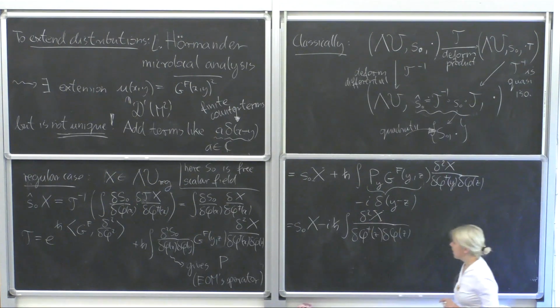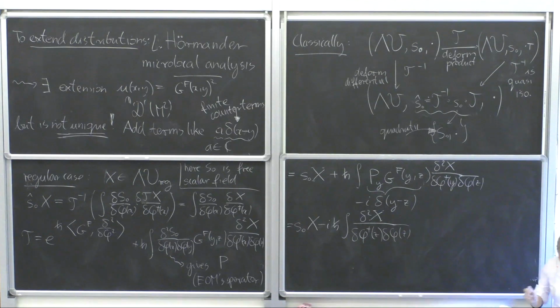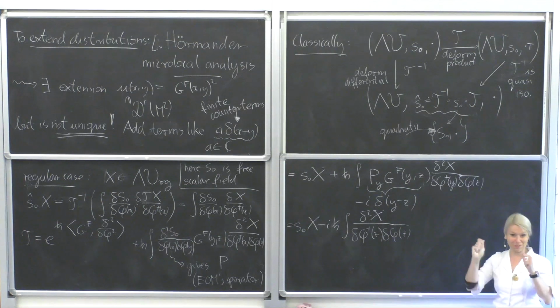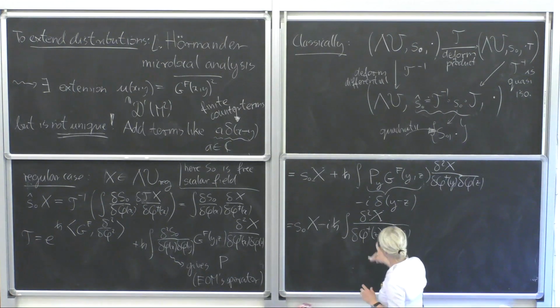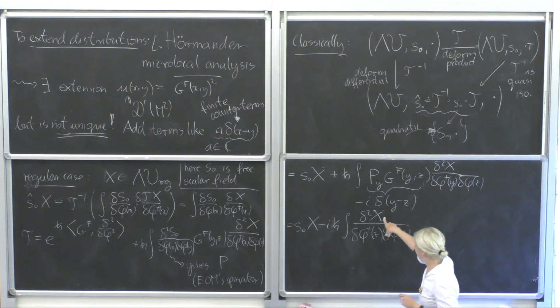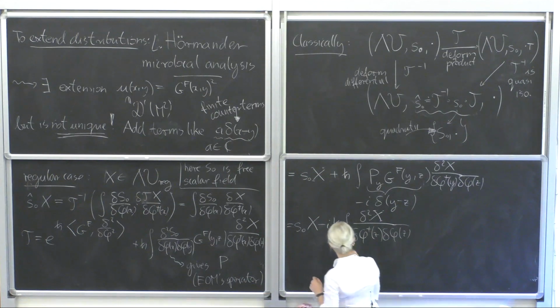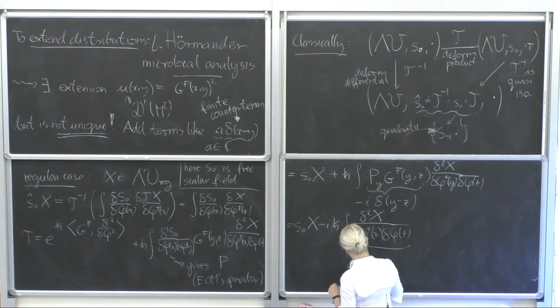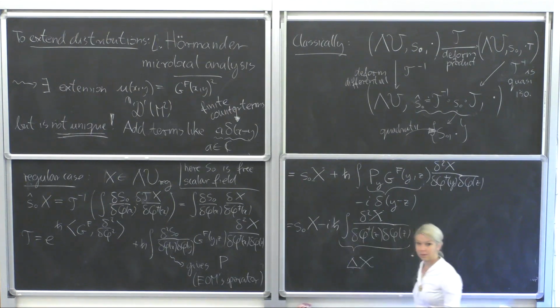Okay. Now, if you remember from Pavel's talk, this is nothing else but the BV Laplacian, the divergence of this vector field X. So this is the BV Laplacian on X.